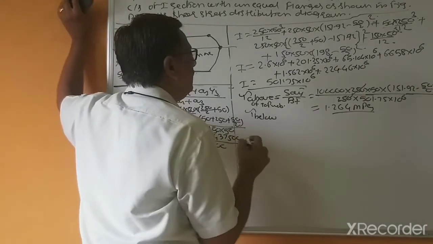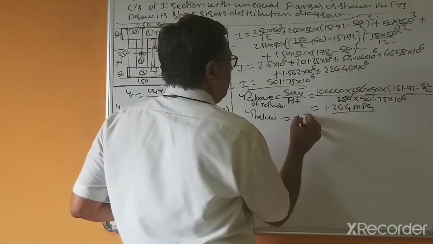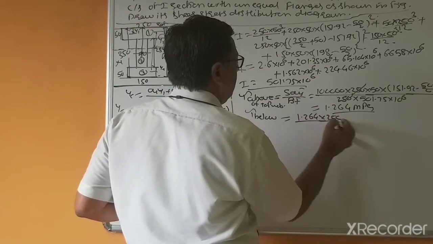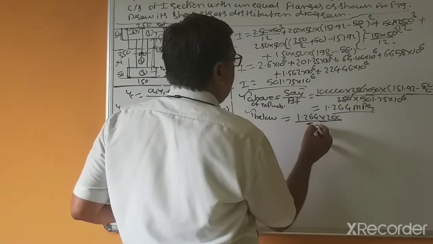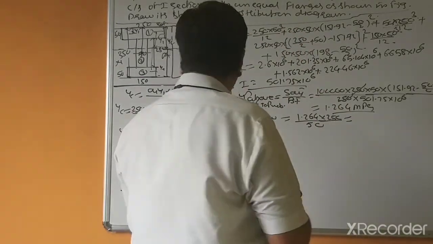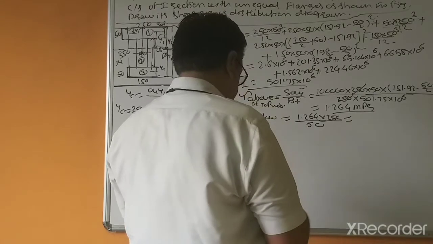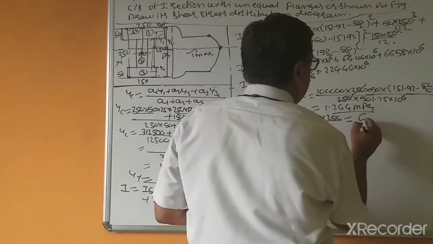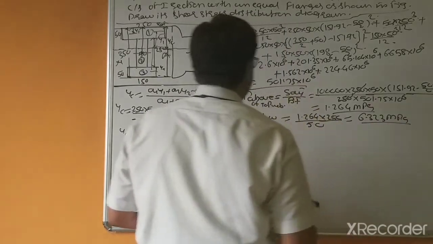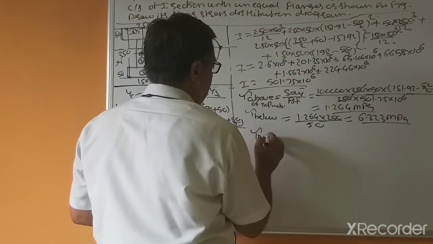And this is below, and this is 1.264. So here this is multiplied by 250 and divided by 50, means multiplied by only 5, 6.323 megapascal. Now this is about neutral axis.